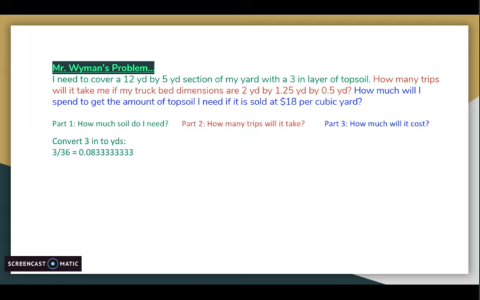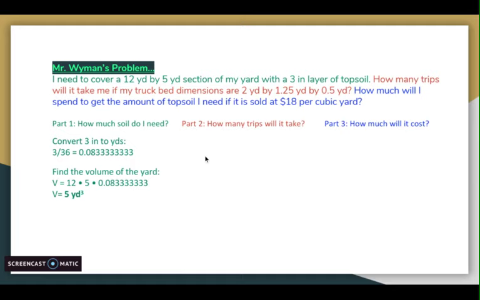Now I can plug that into the volume formula. Since this is a rectangular prism, I take 12 times 5 times 0.083 repeating, and I get the volume of that section of my yard is 5 cubic yards.